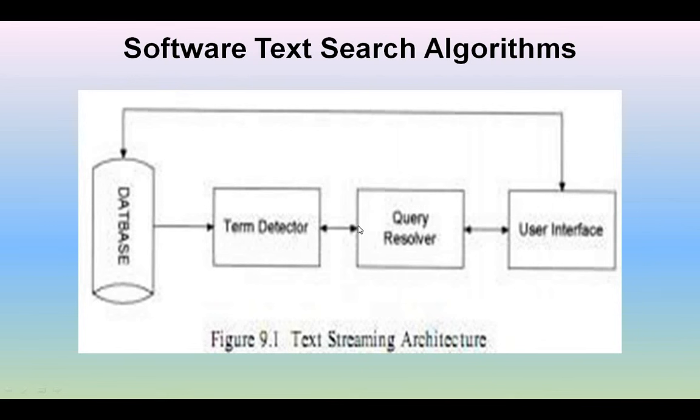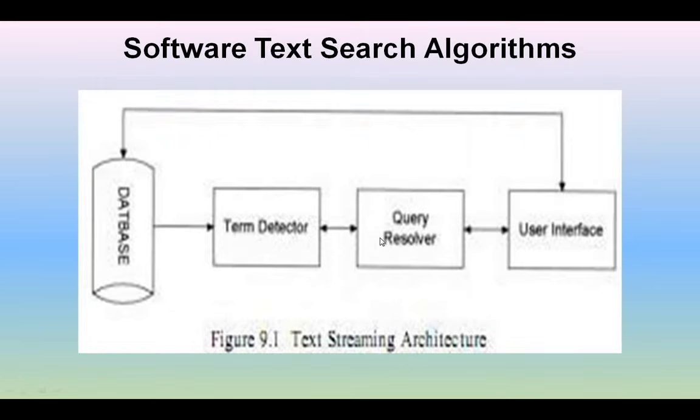Query resolver will apply some kind of logic on those queries, whichever logic is presented in the query, and then pass the information directly to the user interface as the output. The user will take the information like this. So in this way, the text streaming architecture will work from database to user interface.